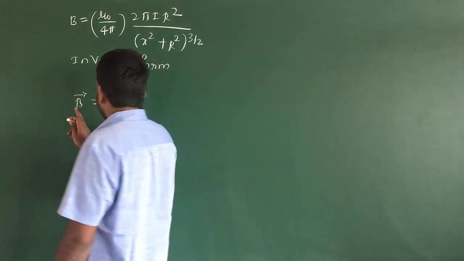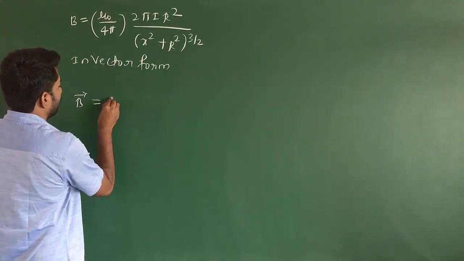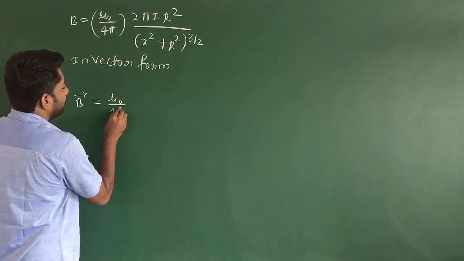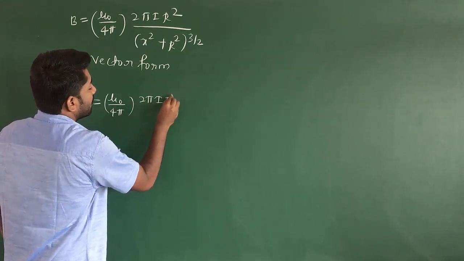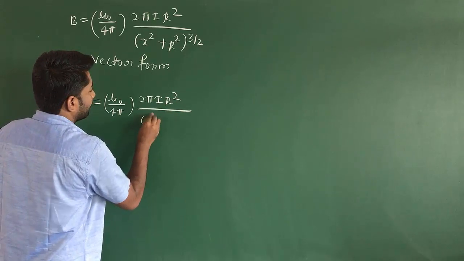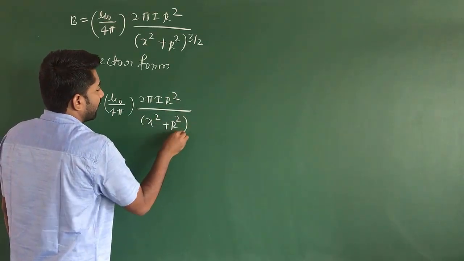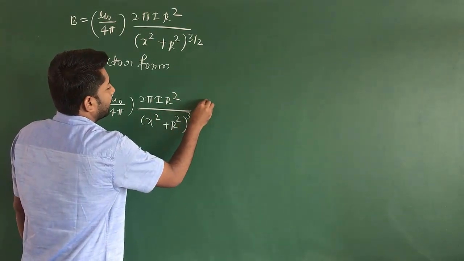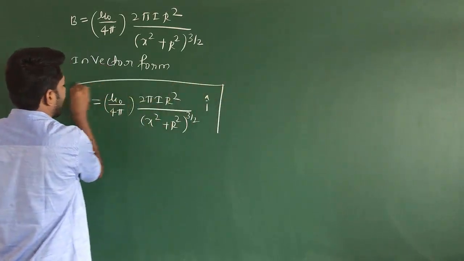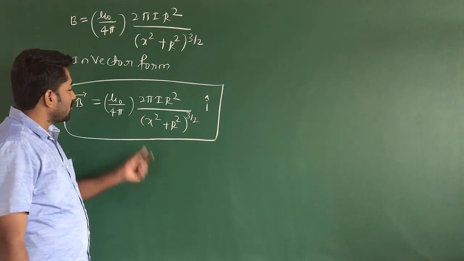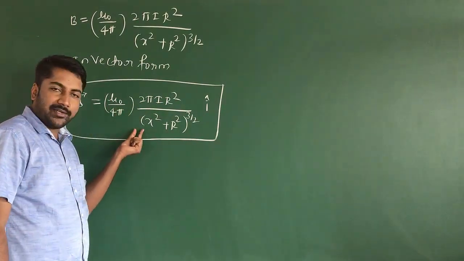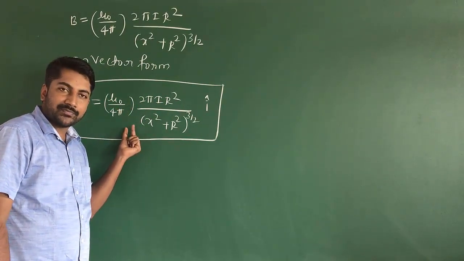Here the magnetic field vector B is equal to mu naught divided by 4 pi into 2 pi I r square divided by x square plus r square whole to the power of 3 by 2 into unit vector i.